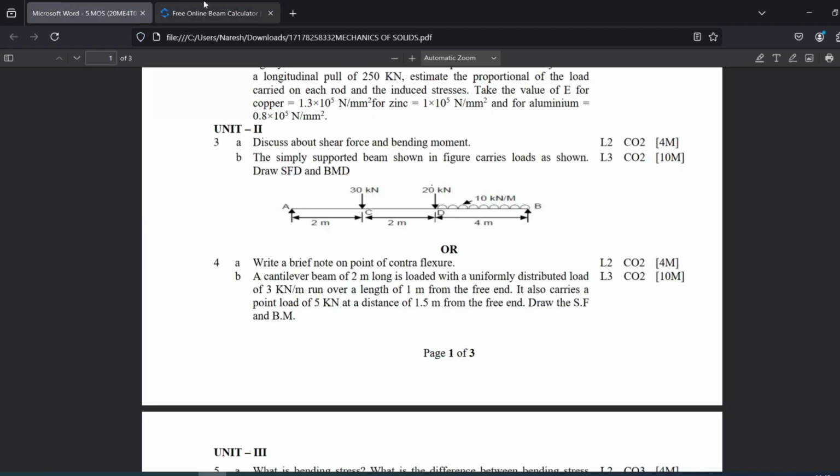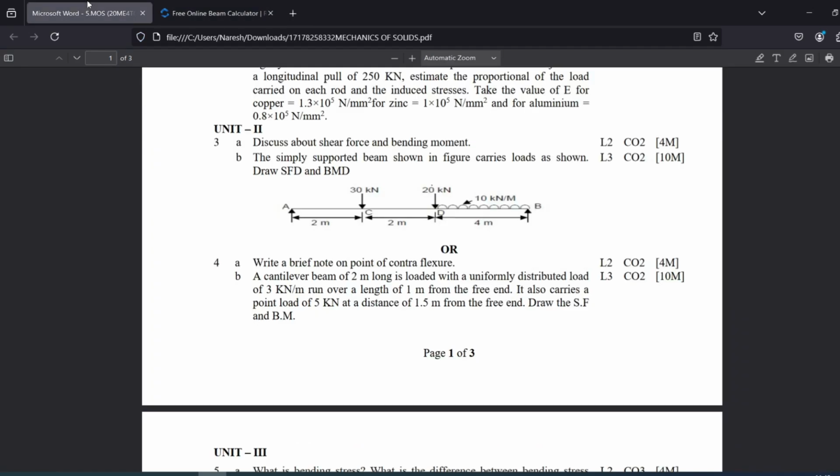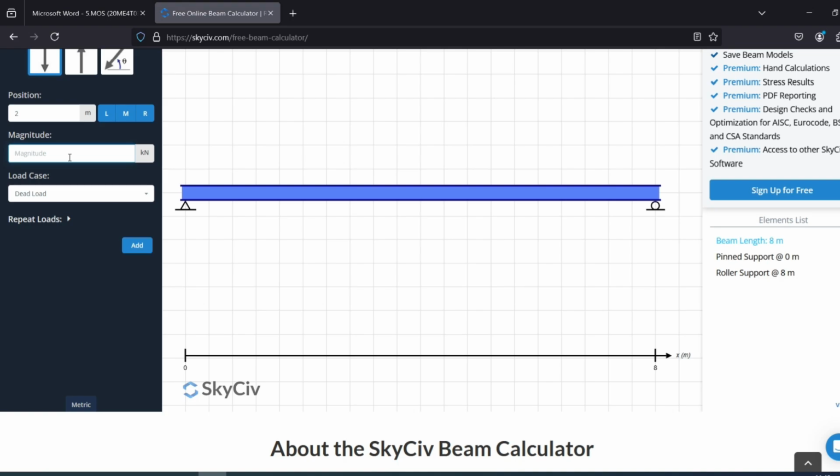Have a point load. By the way, this is a dead load.